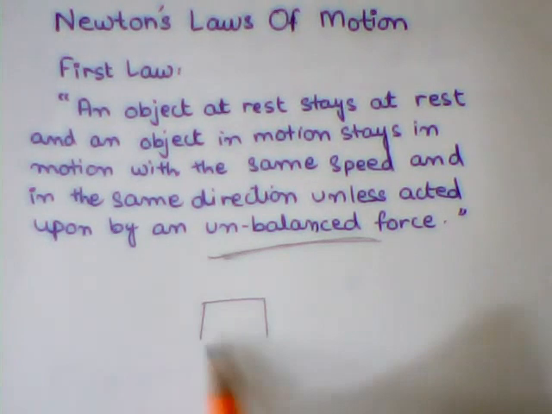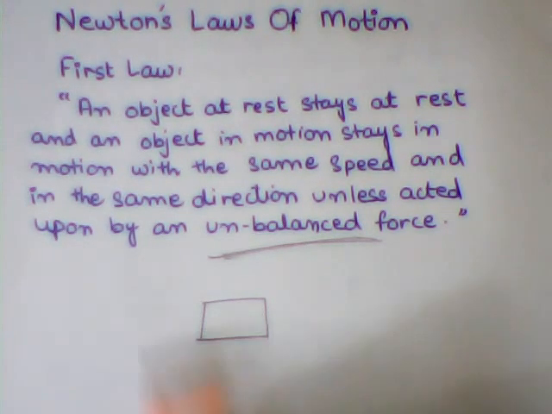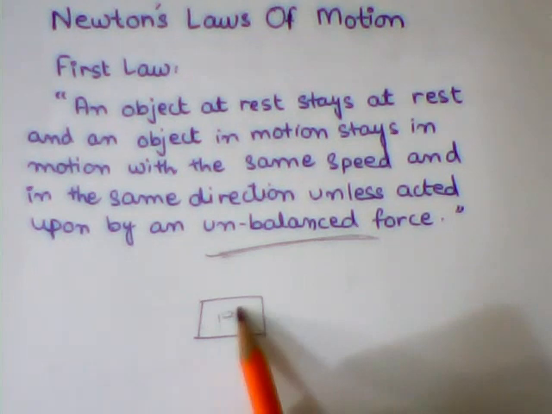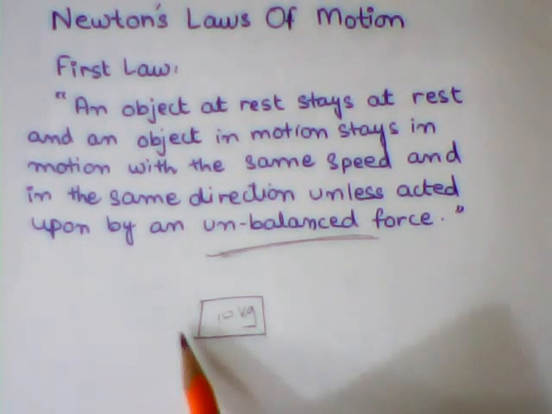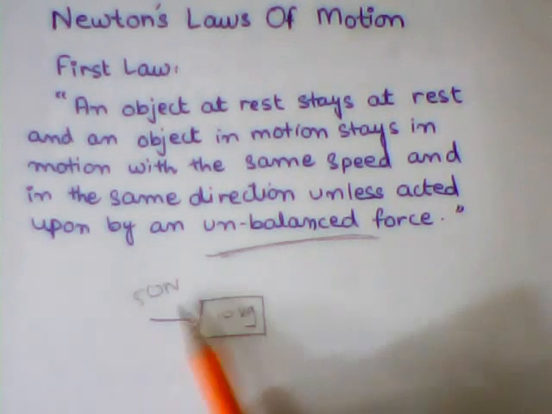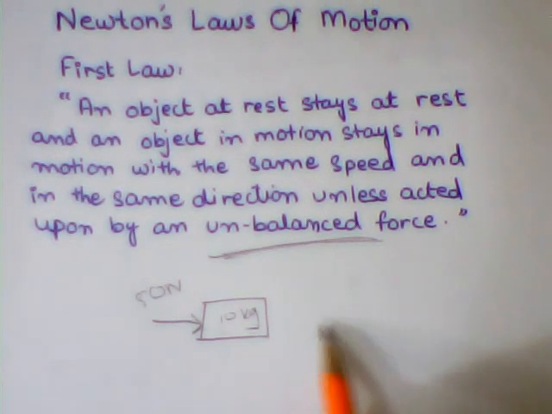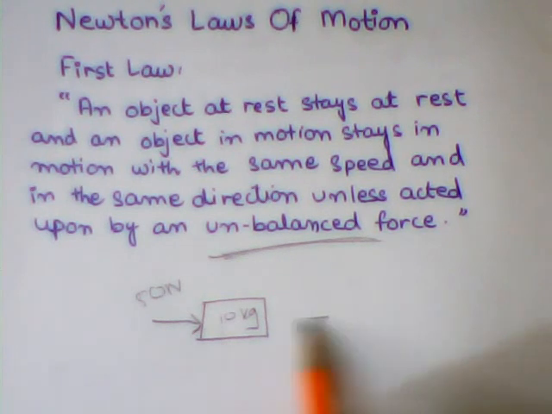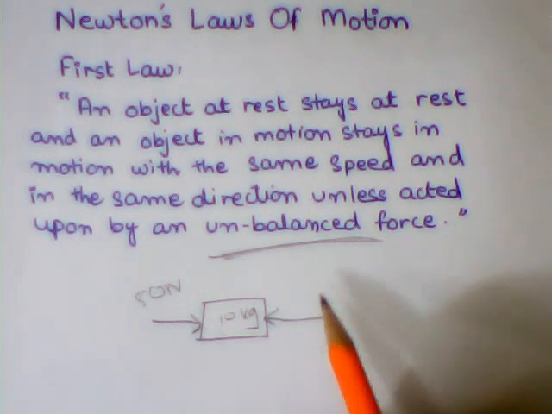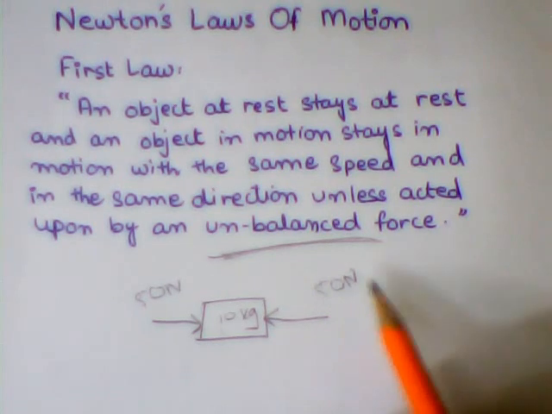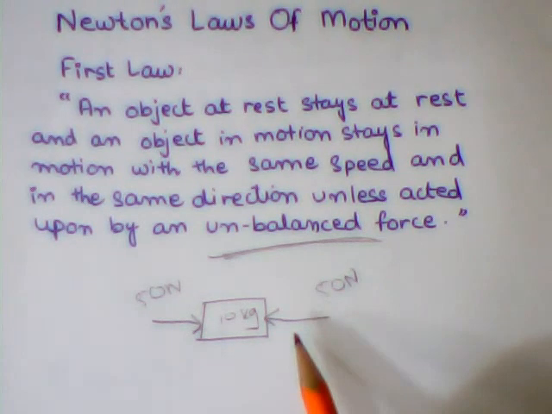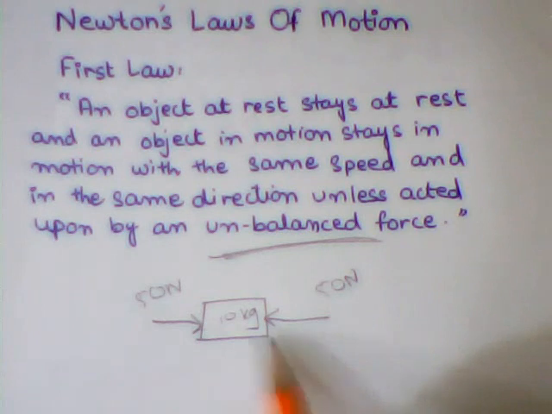Let's say this is a block of 10 kg. A 50 newtons force is pushing the block in the rightward direction, and simultaneously another 50 newtons force is pushing the block in the left direction.